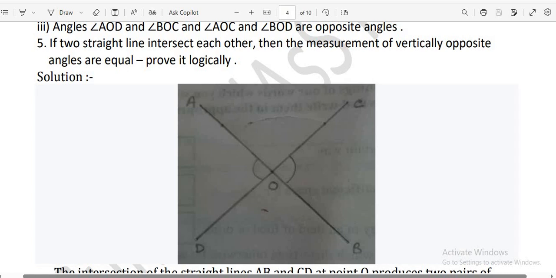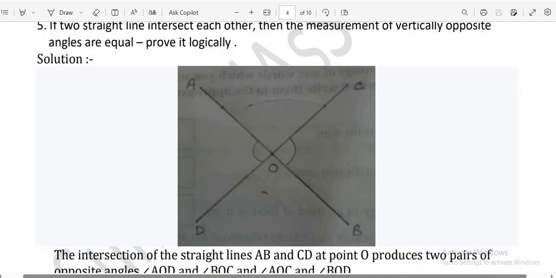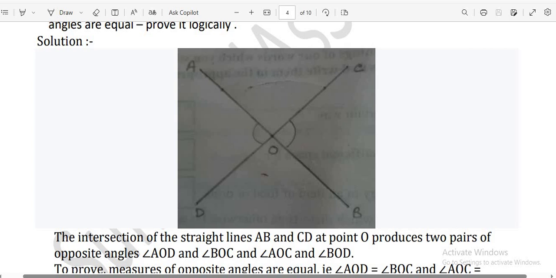The solution: let us consider two straight lines AB and CD intersecting at a point O. From the figure, the intersection of the straight lines AB and CD at point O produces two pairs of opposite angles, angle AOD and angle BOC, and angle AOC and angle BOD.